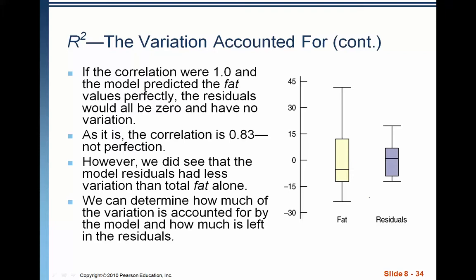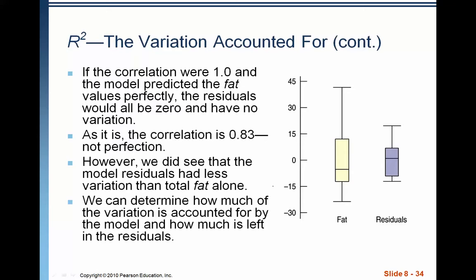If the correlation were a perfect 1.0 and the model predicted the fat values perfectly, residuals would all be 0 and have no variation, right? We wouldn't have a box and whisker plot for the residuals if the correlation were perfect. If it were a perfect 1.0 correlation, you'd have 0 residuals and this wouldn't exist, okay?